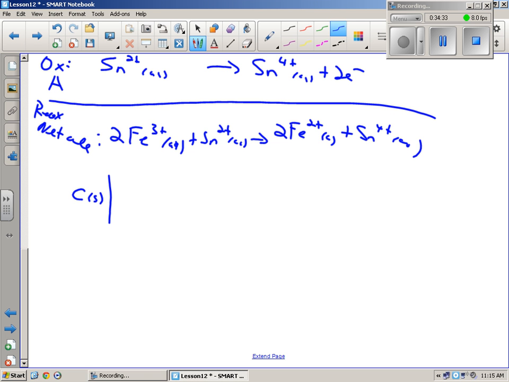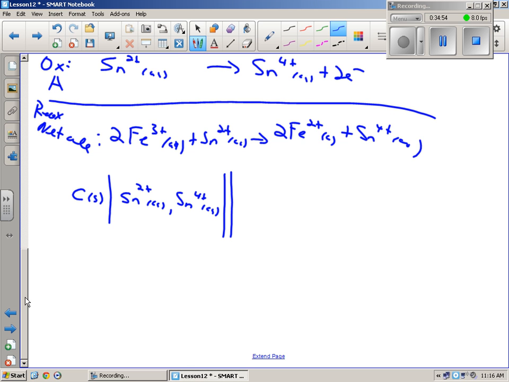What's the anode electrolyte? Well, it is right here, tin 2 plus, which turns into tin 4 plus. So I'd say tin 2 plus aqueous, tin 4 plus aqueous. That's all part of my anode electrolyte.